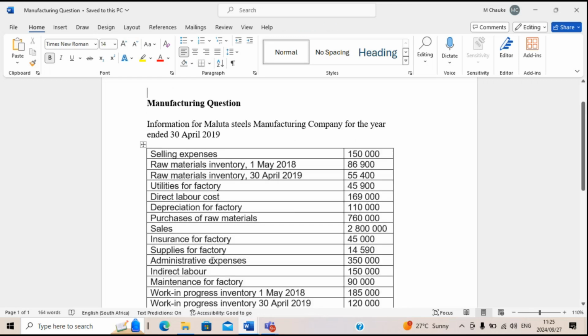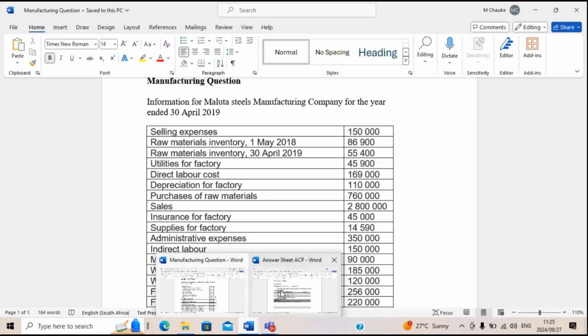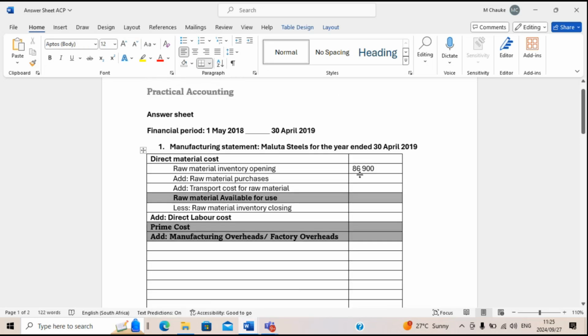The raw material purchases during the year. Let's check there. Raw material purchases. We go there. There are purchases of raw material of 760,000. So we go into our answer sheet and say 760,000 for raw material purchased, right?